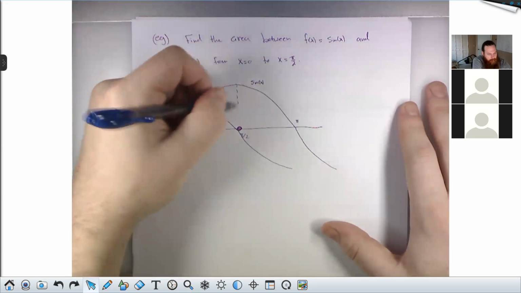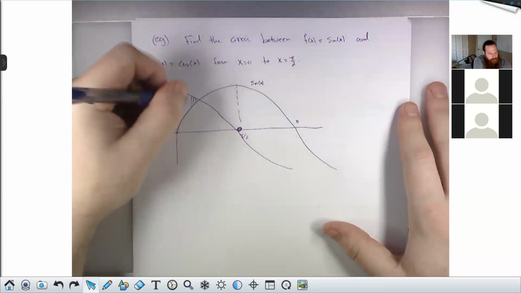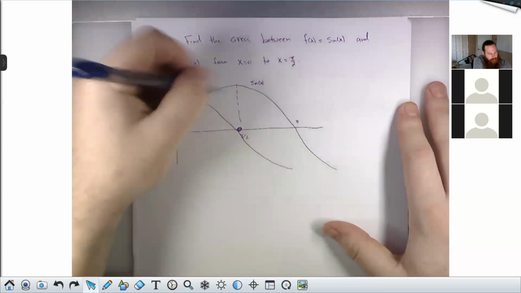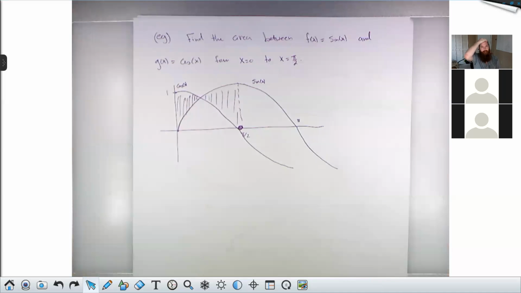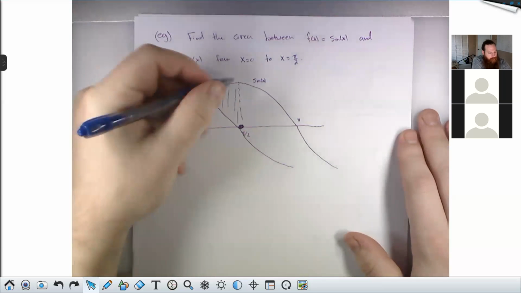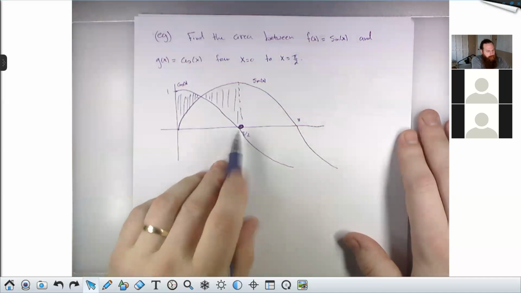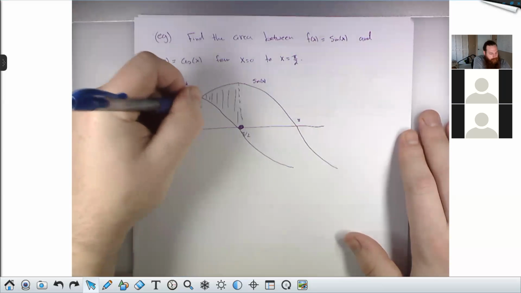And we want to find the area between them from 0 to pi over 2. So that's this area. And I do apologize here, my graphs didn't end up touching at the perfect point, but imagine this is pi over 2.